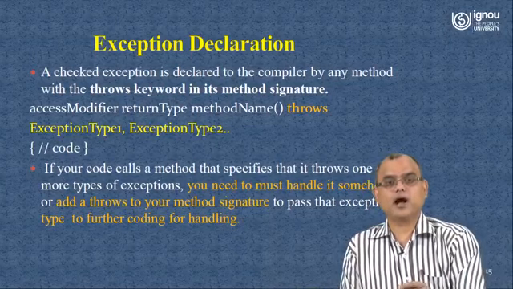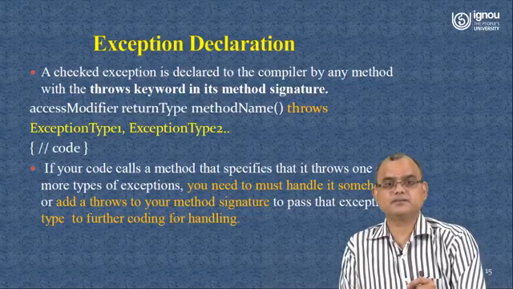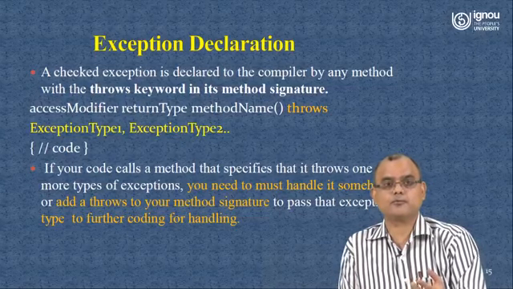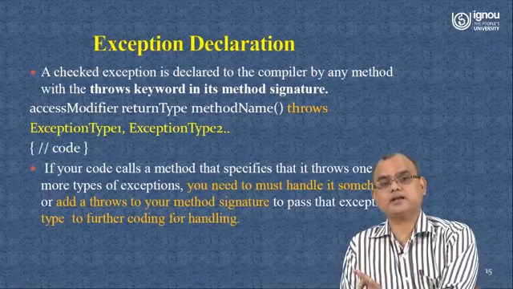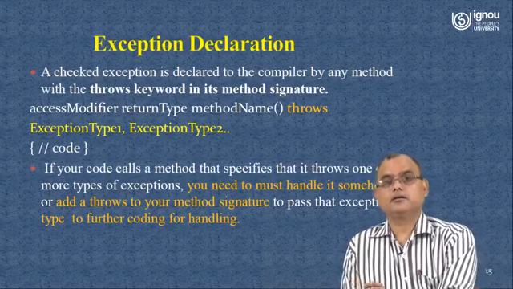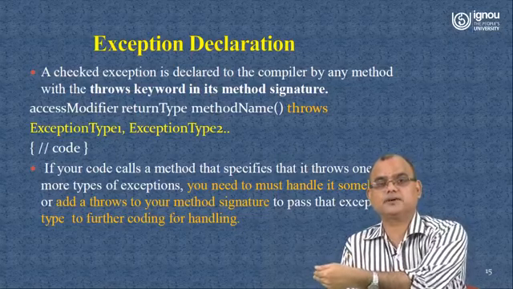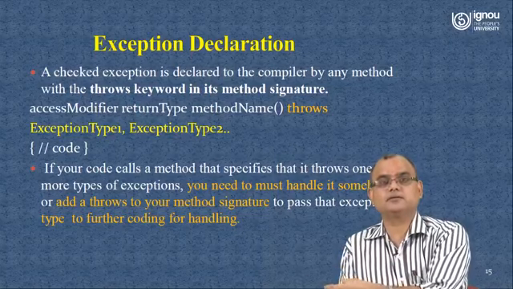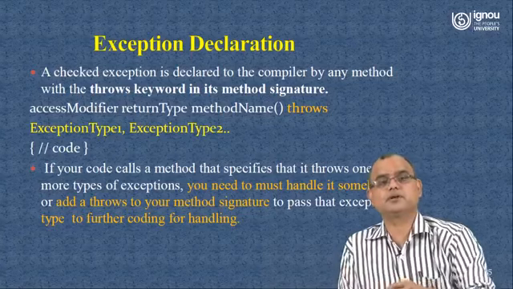Now, if your code is going to call a method and that method specifies that it is going to throw one or more exceptions, you have to handle that exception somehow, or just by adding throws you can pass this exception handling to some other section of the code which is going to further use that method.